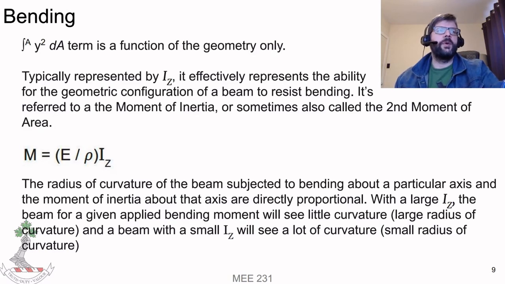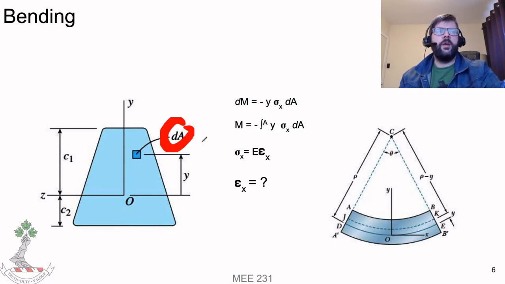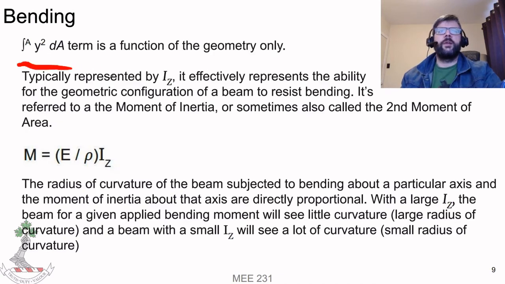I'm going to scroll back a little bit here. If we're looking at this thing here, then we take each little small area, multiply it by the y value squared, the distance from the neutral axis to here, and then add all those up over the entire area. So integrate, and that'll give us that integral there.